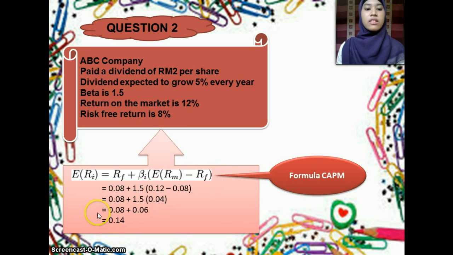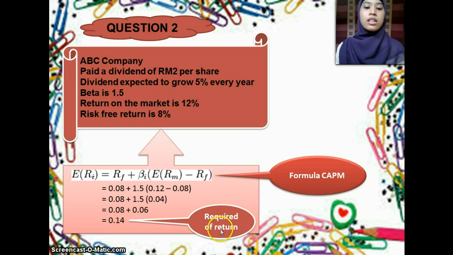So 0.08 plus 1.5 times 0.12 minus 0.08 equals 0.08 plus 1.5 times 0.04 equals 0.08 plus 0.06. So we get 0.14. This is the required rate of return or expected return.